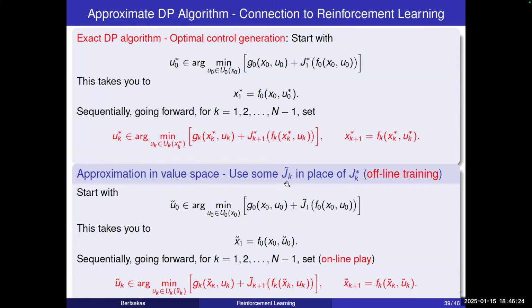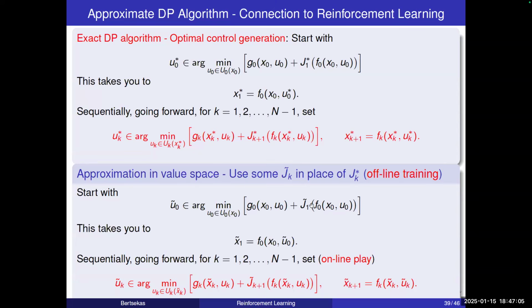Through offline training, we obtain some JK tilde. Then we can obtain a sequence of suboptimal control by placing JK tilde in place of JK star. So starting from X0, we calculate U0 tilde by minimizing this equation and move sequentially going forward. This process of calculating U tilde at different stages is called online play.